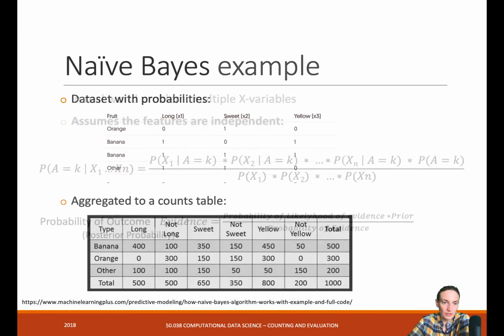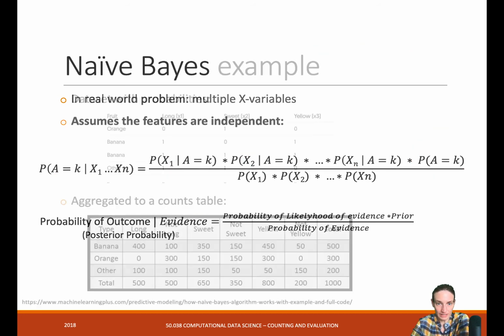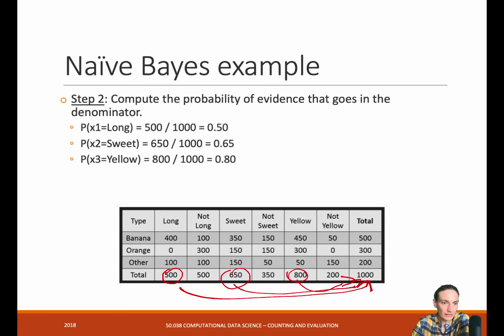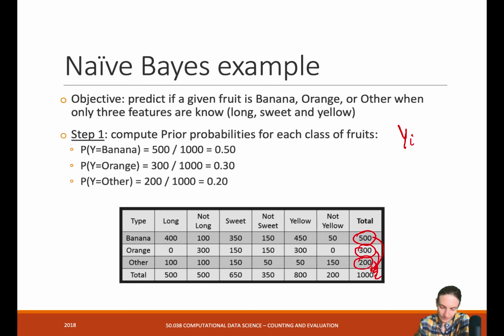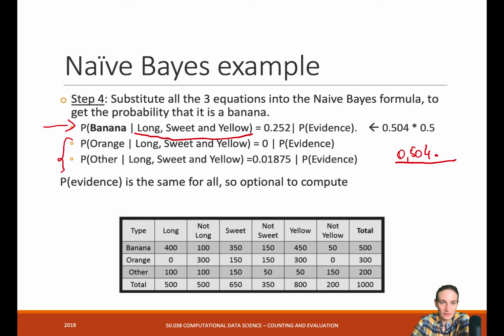So we have 0.504 times the prior probability. Remember, let's take the naive Bayes. So we need this prior probability of it being a banana. And then we calculated that as well. Sorry, here. That would be 0.5. So we fill this in as well.